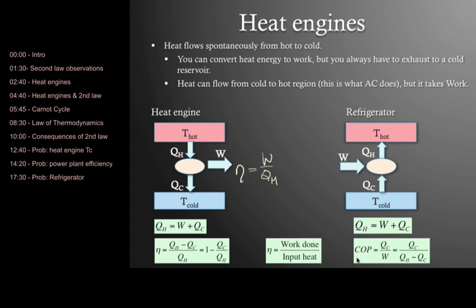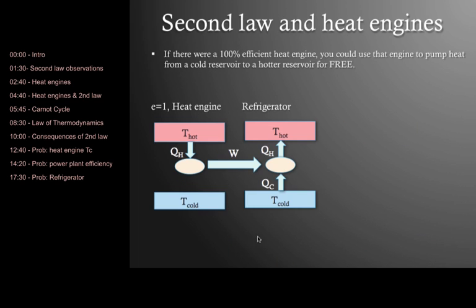Then we can talk about the efficiency of a refrigerator, but a lot of times you'll hear the coefficient of performance for the cooling or for the heating, and that's going to be just QC over the work. And so we can rewrite this in terms of just the Q's here.